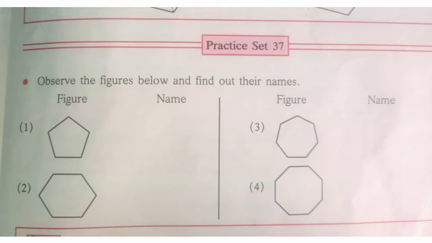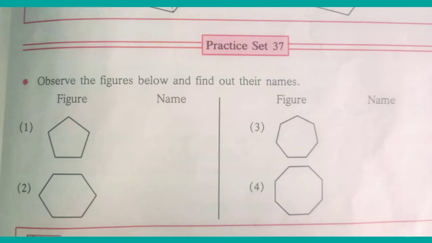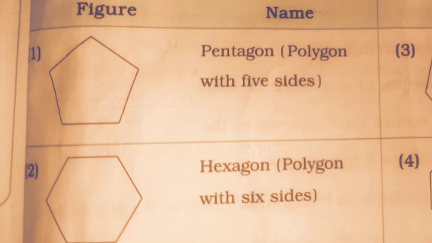Observe the figure below and find out their names. See, the first figure is a pentagon, which has 5 sides. These are polygons with more than 4 sides. See the second figure, it's a hexagon, which has 6 sides.